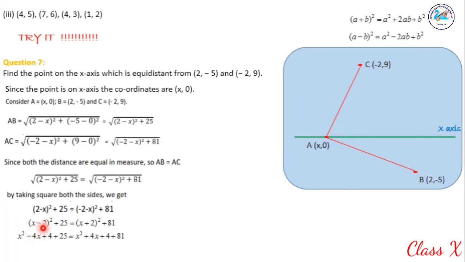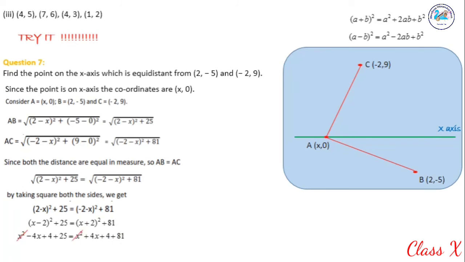Then b square is 2 square, which is 4, plus 25, equal to (x plus 2) the whole square: x square, plus 2ab, 2 into x into 2, that is 4x, plus 2 square is 4, plus 81. So go for the calculation.